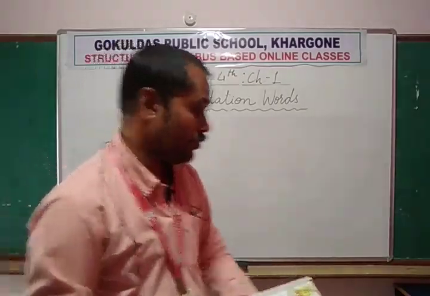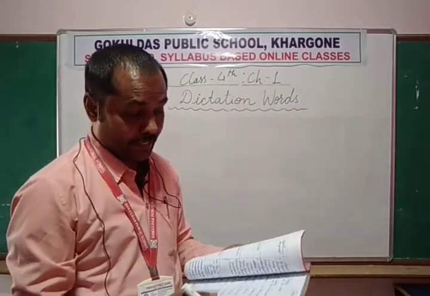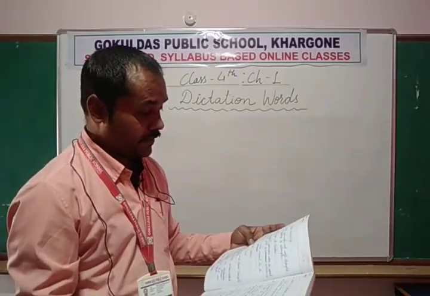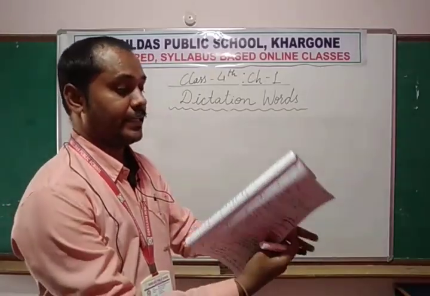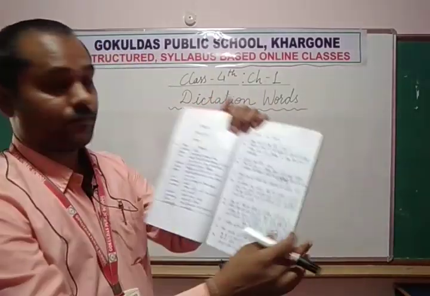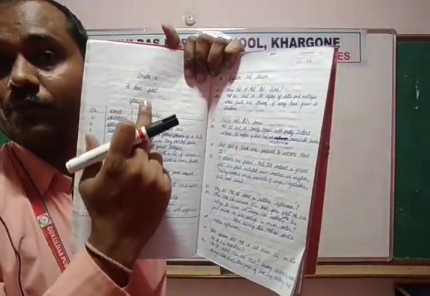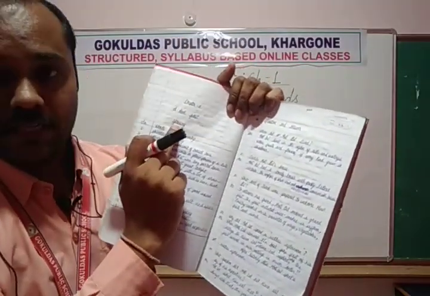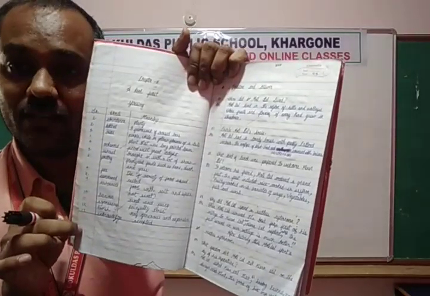So what you need to do? You need to make a table. Draw a table with pencil. Then you need to write the word meanings like that. This is the correct format of writing word meanings. We draw a table and note down the heading, word meanings or glossary. Then the first column we will make for serial number.